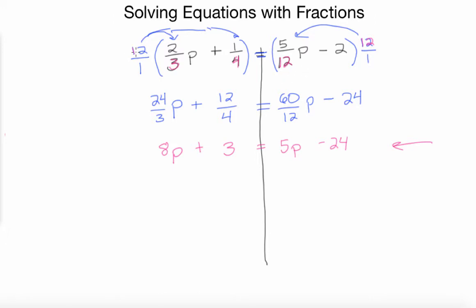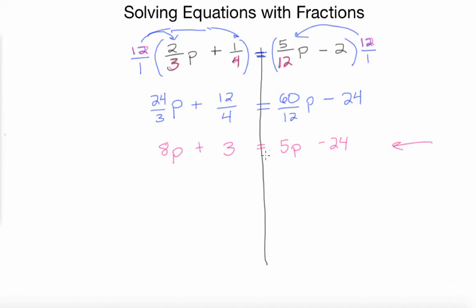So 12 is a multiple of 3, 4, and 12. So if you want to deal with a problem with fractions, if you want to just solve it out and not worry about fractions through your step-by-step process, sometimes your good first step is to make everything bigger, multiply both sides by some number. That gets rid of all the fractions.